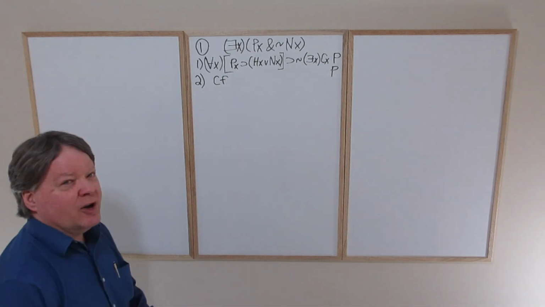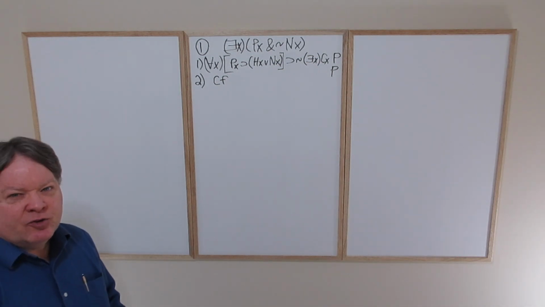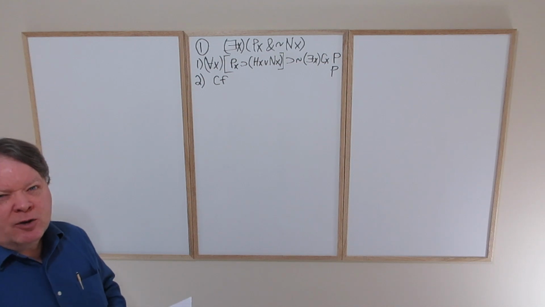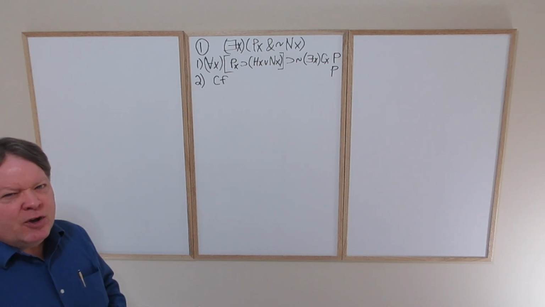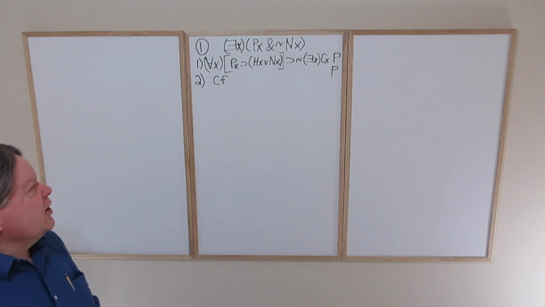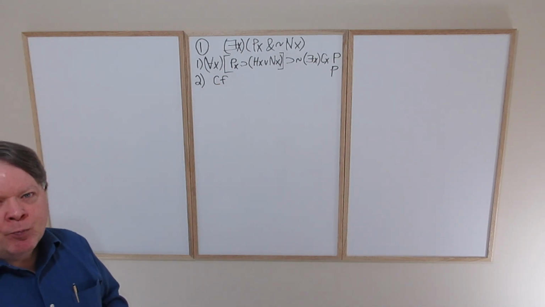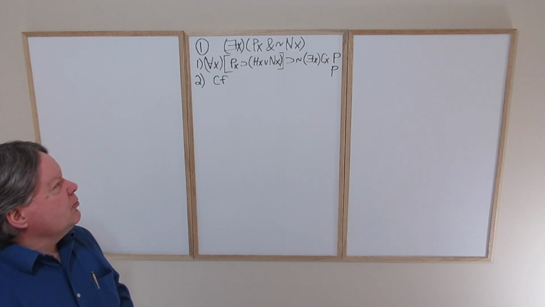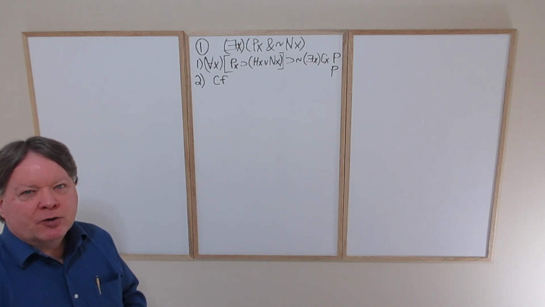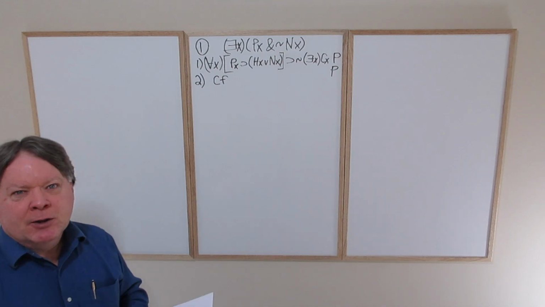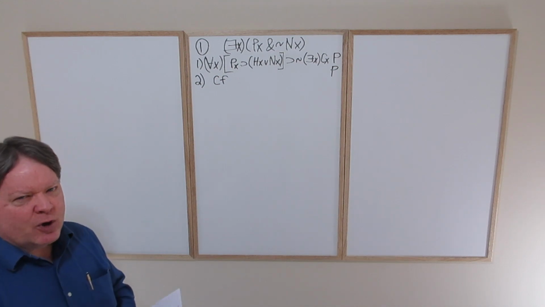So, if you look on the class homepage, you'll see that I've now uploaded assignments 12 and 13. These are assignments for constructing proofs in predicate logic. So we'll give you a couple of days with those, and then we'll move on to constructing proofs with relational logic. It's a little more complicated.